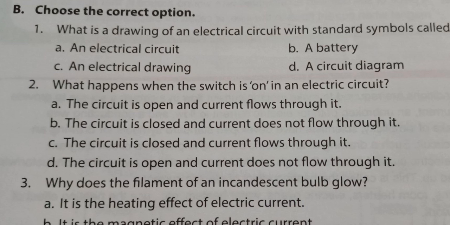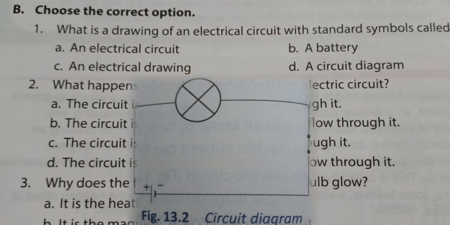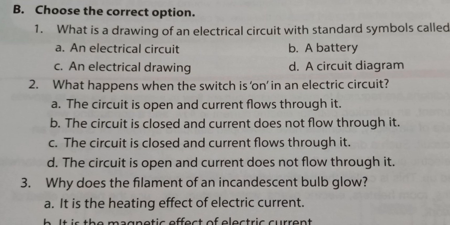Options given are A. An electrical circuit, B. A battery, C. An electrical drawing, D. A circuit diagram. As you know, the drawing is not called a drawing, it is called a circuit diagram. So the option D is the right answer, a circuit diagram.